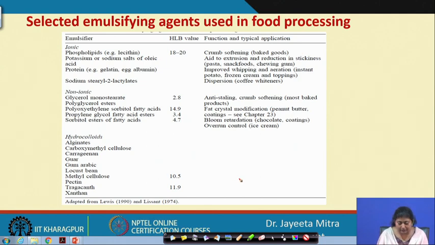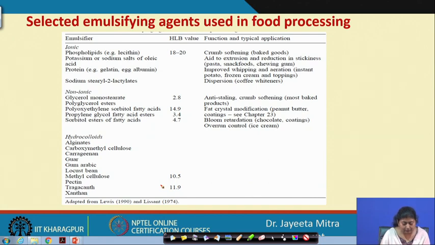For example, in the ionic emulsifier, phospholipid is there, for example lecithin, and this is used for crumb softening of the baked products, and also potassium or sodium salt of oleic acid. These are used to aid extrusion and reduce the stickiness of pasta, snack food, chewing gum, etc.